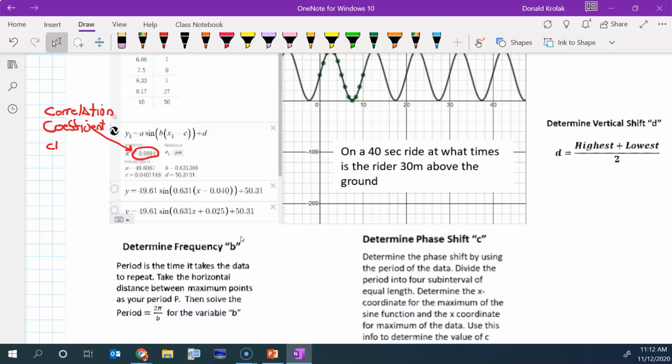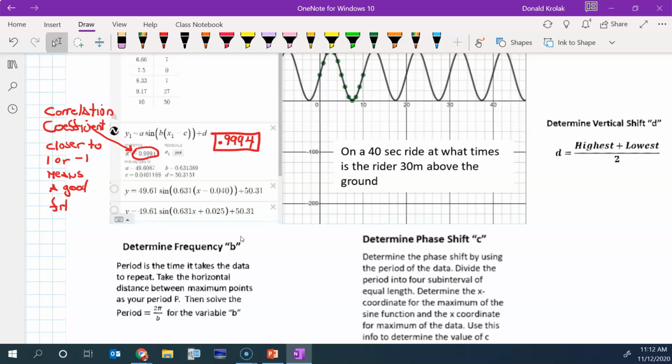Okay, the closer to 1 or -1 means a good fit. So ours is pretty darn close to 1. It's 0.9994.